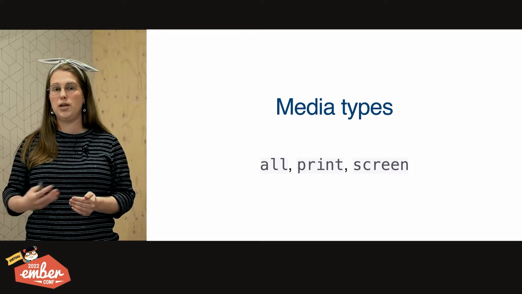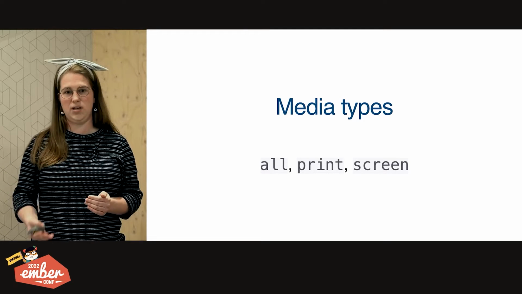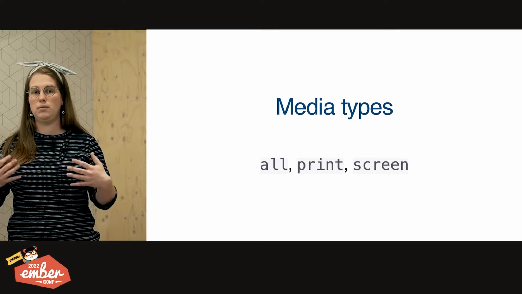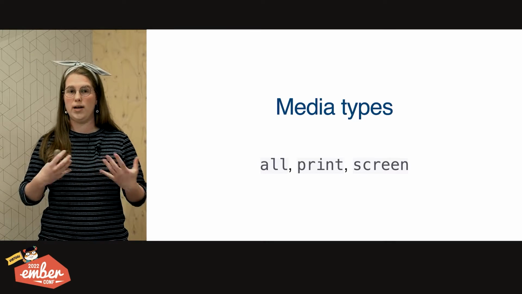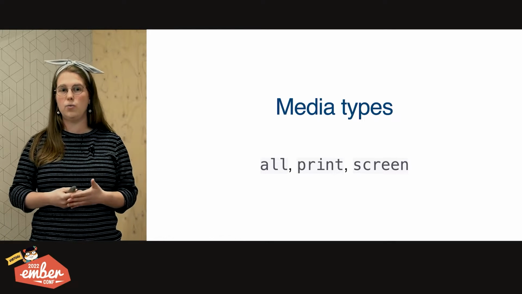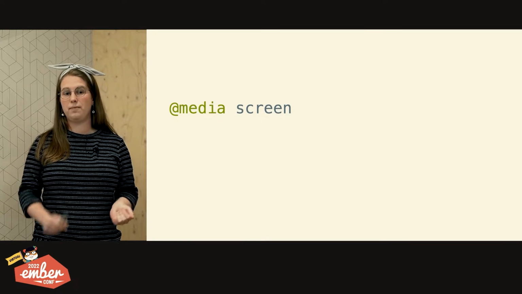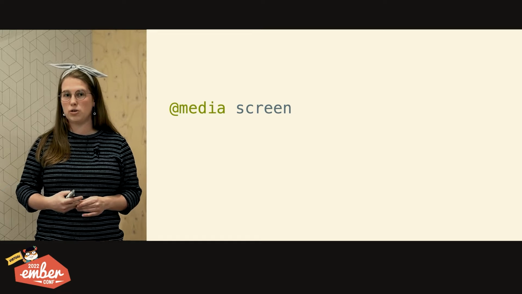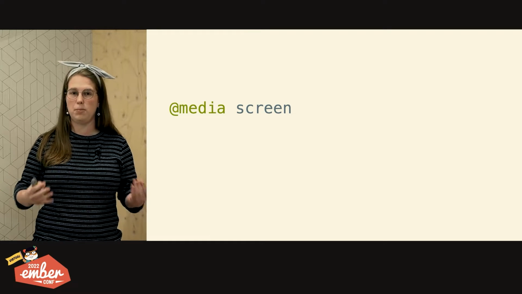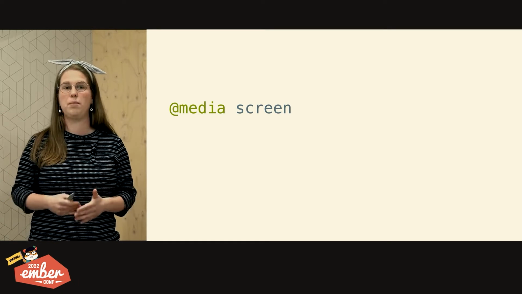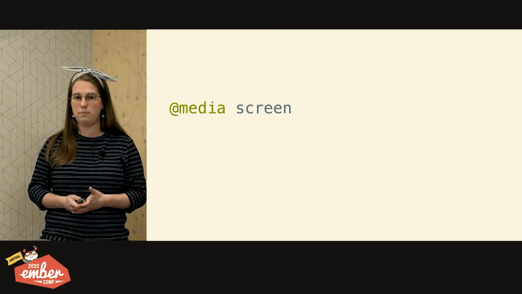Print will make sure that it only applies when a user is printing it. And screen will make sure that it only applies when it's watched on a screen. So for dark mode, we're going to use screen, because when a user prints your dark themed page, it probably doesn't want to print a whole black page with some white letters in it.